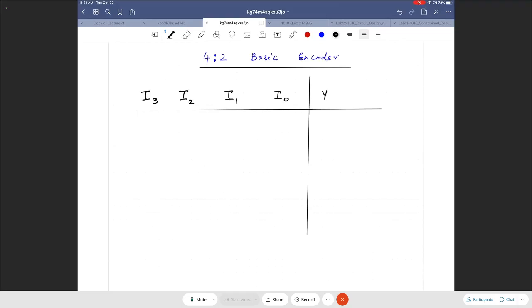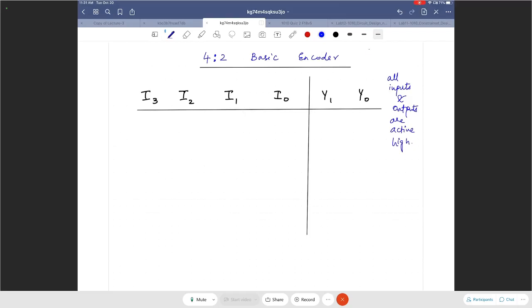Let me call them Y1 and Y0. We see the significance here. Most significant input I3, least significant input I0, most significant output Y1, least significant output Y0. 4 inputs, 2 outputs. We are assuming that all inputs and outputs are active high. So that's an assumption. All inputs and outputs are active high.